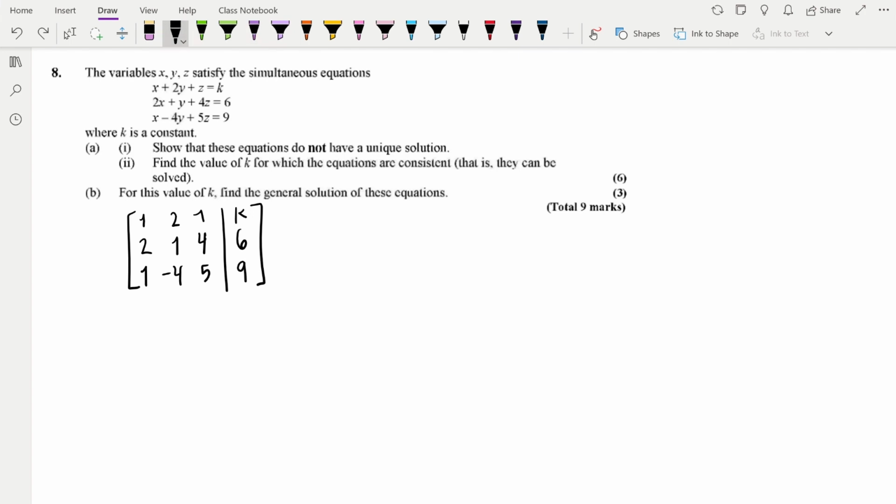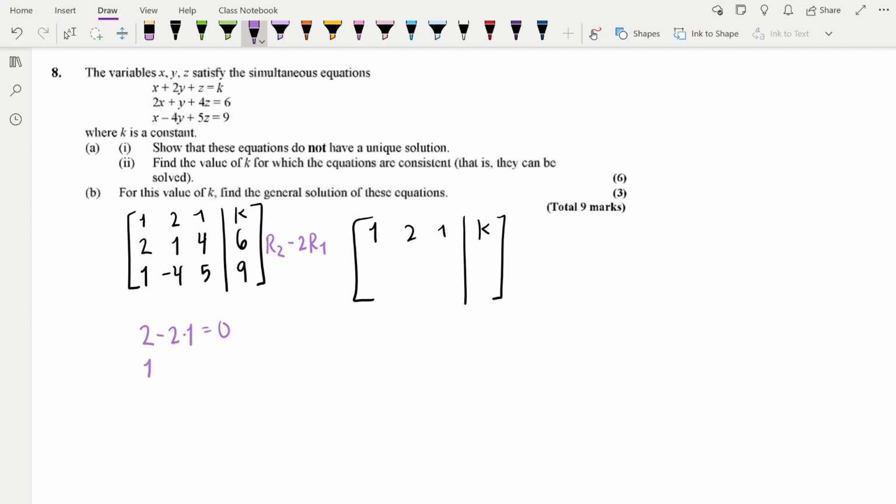As I do this change, I'm going to get a second matrix, but the first row will stay the same. I'm not going to do anything with that row. What combination of this 2 and this 1 is going to add together to be 0? I can see that if I do the number in row 2 minus 2 times the number in row 1, that's 0.